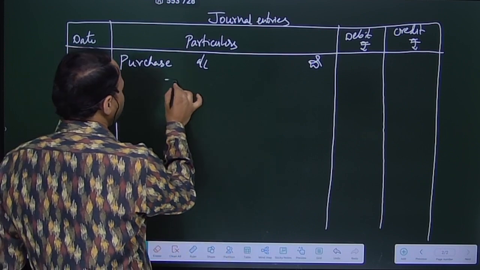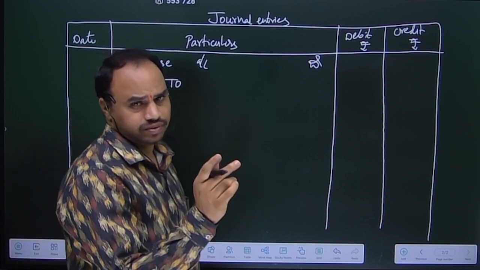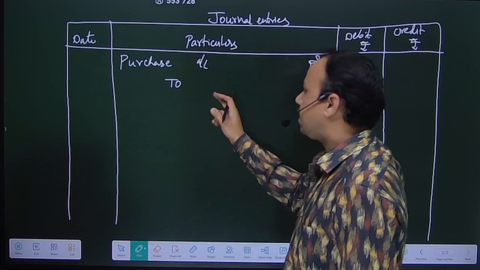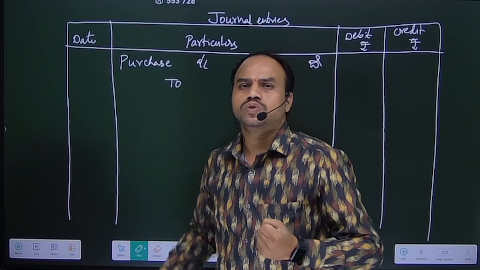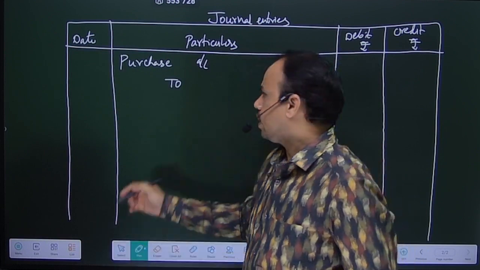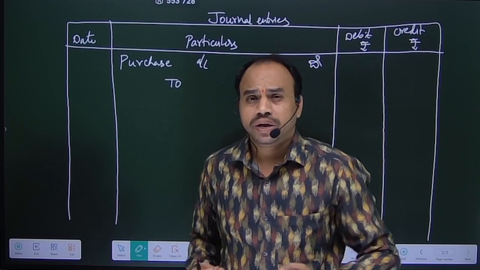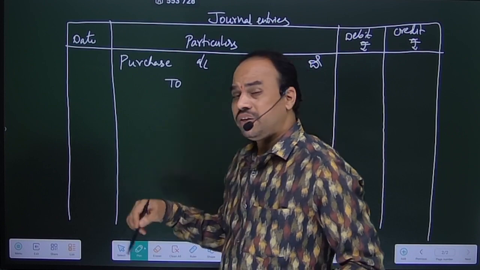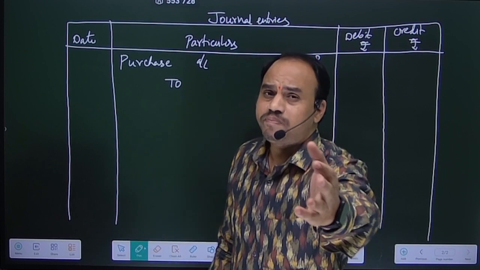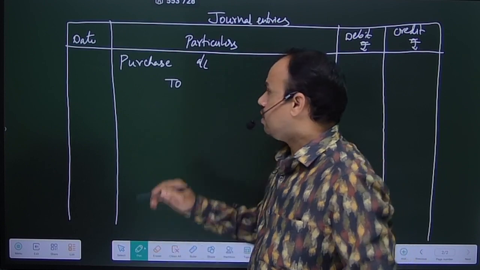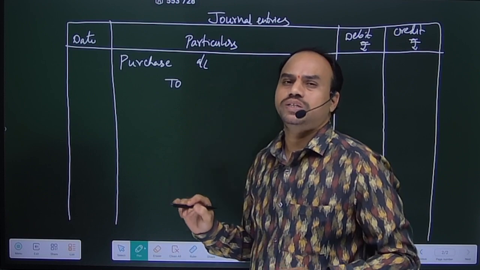Then what will come on the credit side? Only two items. If you purchased goods by paying cash, cash will come on the credit side. If you purchase goods by paying by cheque, bank will come. And one more: if you purchase goods on credit, the name of the person from whom you purchased will come.